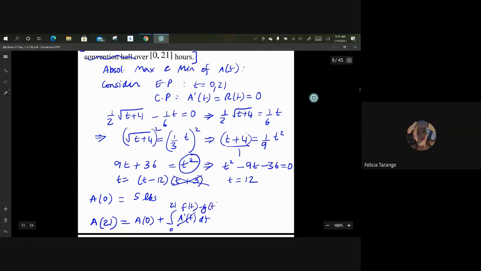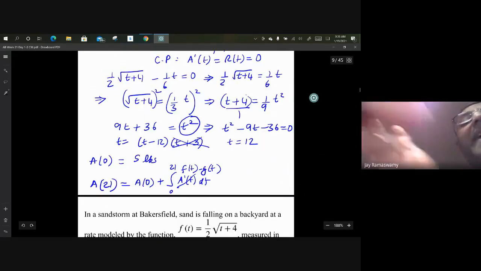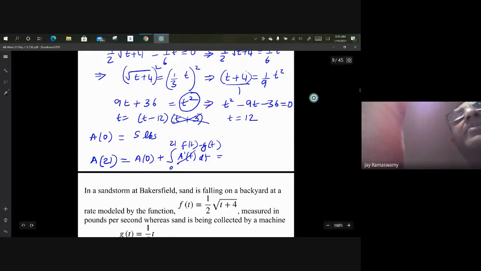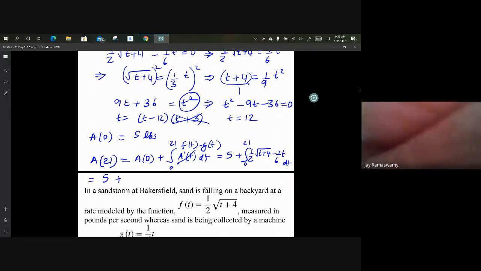Let's plug it in. Again, it's to be done by hand, guys. So A of 21 is going to be 5 plus the integral from 0 to 21. I was giving you practice integration by hand. And then it's 1/2 radical t plus 4 minus 1/6 t dt. Let's wrap it up. 5 plus... wait a second. Didn't we just integrate this 2 minutes ago? If you look at your notes, I'm doing this from memory.